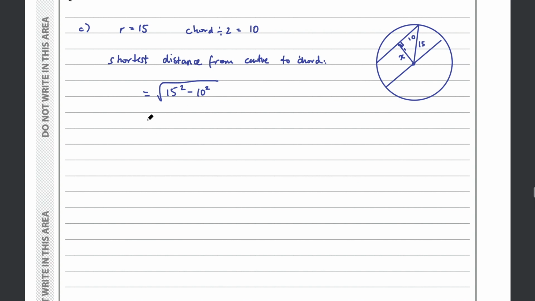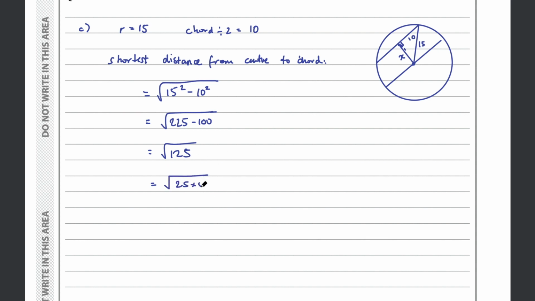So we just need to go ahead and simplify this. This is going to be the square root of 225 take 100, which is the square root of 125, which is 25 times 5. Let's just write that out.